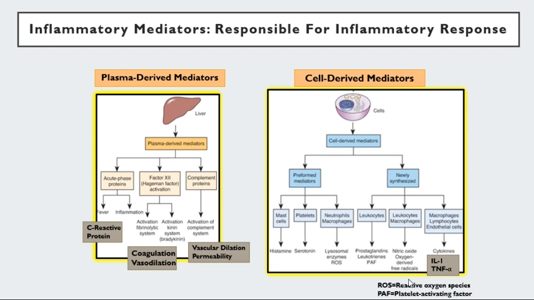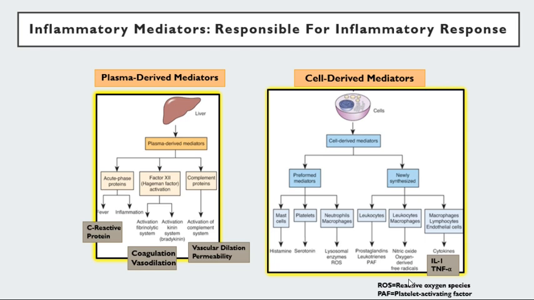I think the answer was actually C-reactive protein, but I can't remember. I need to look at those test questions before I lecture, I guess. But make sure you know the plasma-derived mediators: C-reactive protein, coagulation, vasodilation, and vascular permeability.